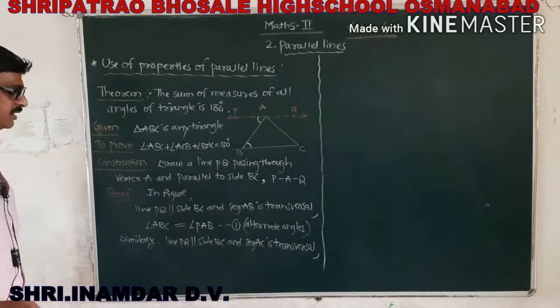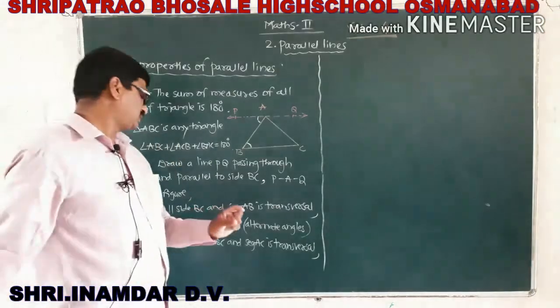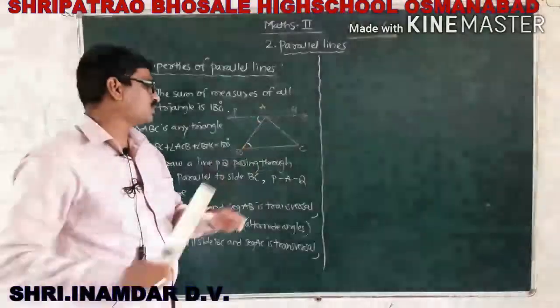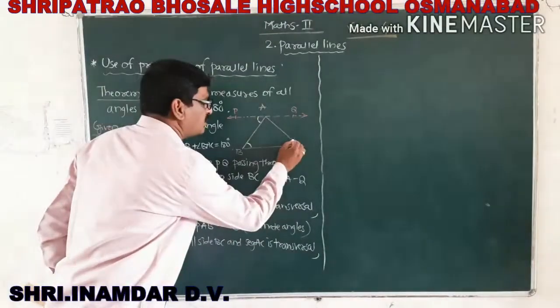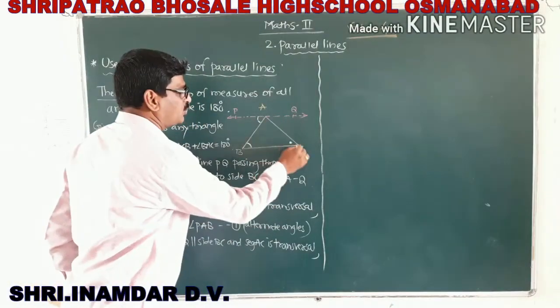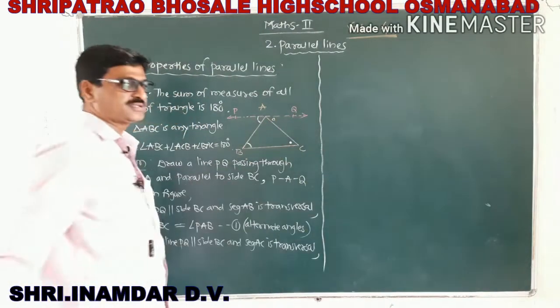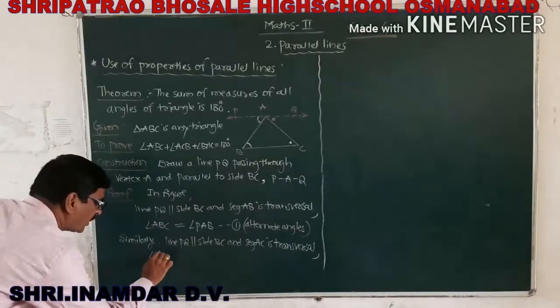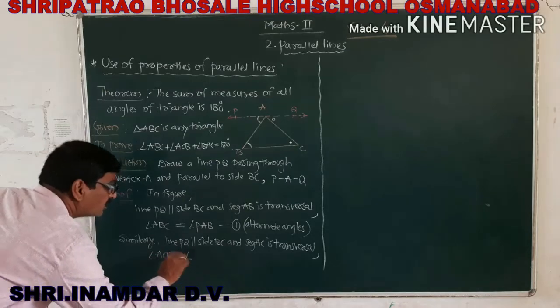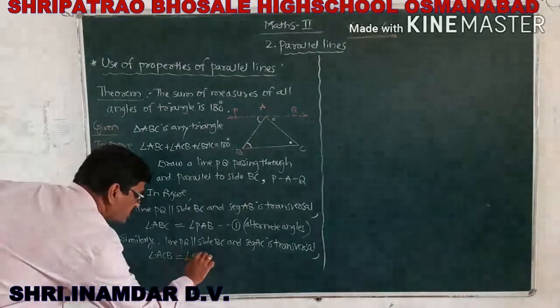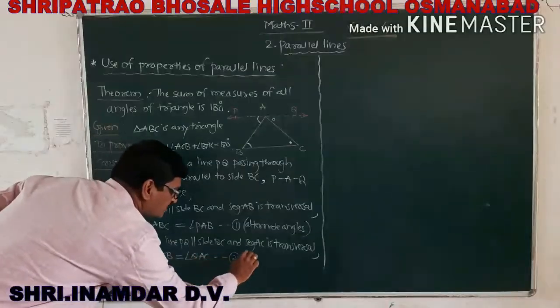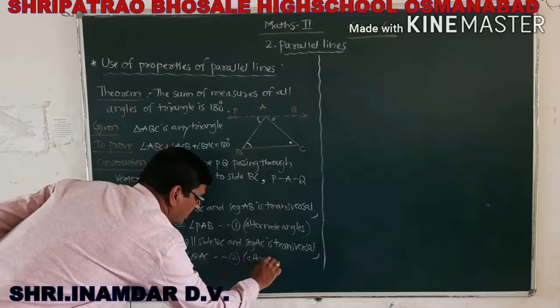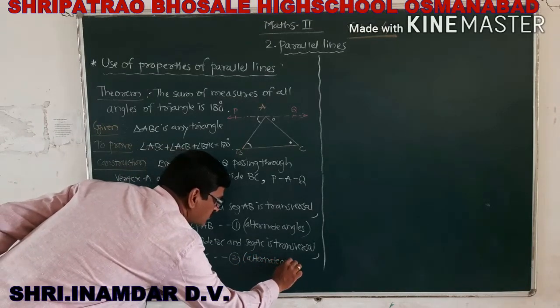Okay, so at that time which two angles are alternate angles here? So angle ACB and this angle QAC. So these two angles are alternate angles. So write that angle ACB is equal to angle QAC. This is number 2. So they are also alternate angles.